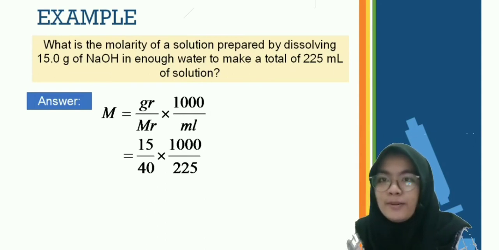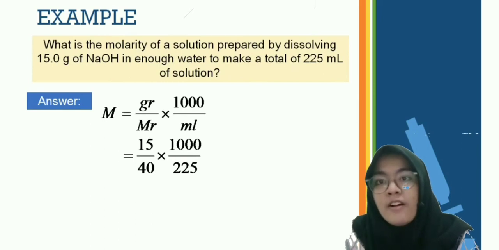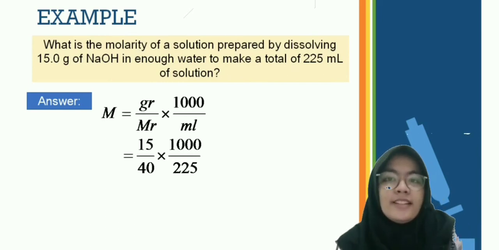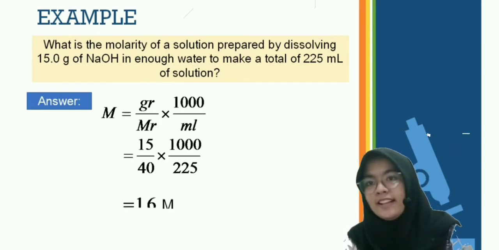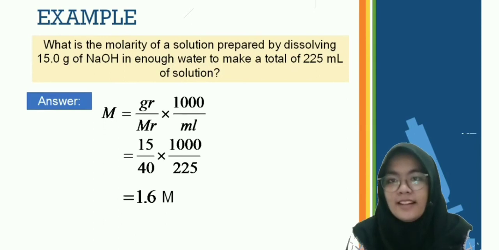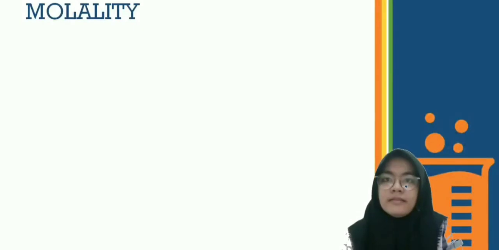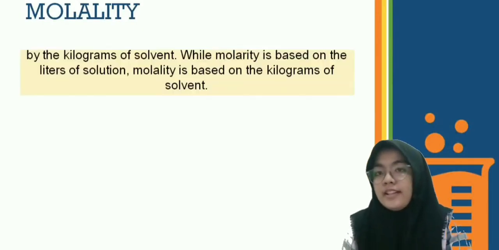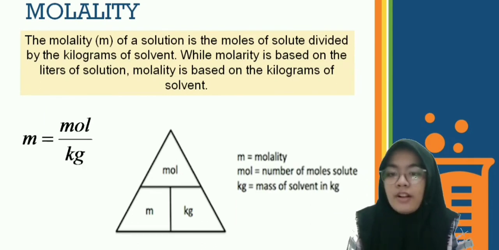The gram, we put 15 grams, and the relative molecular mass of sodium hydroxide is 40, times 1000, divided by 225 milliliters, and we will get 1.6 molar.